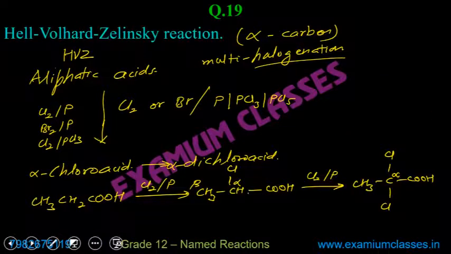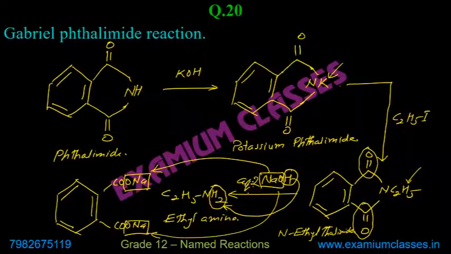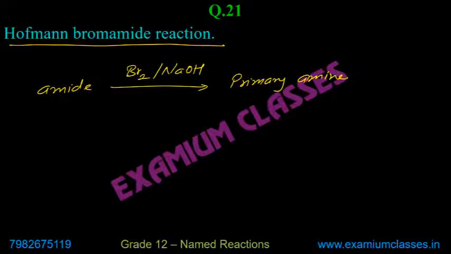Sorry, the Hell-Volhard-Zelinsky reaction. And this one also, because here, as I explained, aliphatic amine is produced. But in the Hofmann bromamide reaction, you can get primary amine, both aliphatic as well as aromatic.